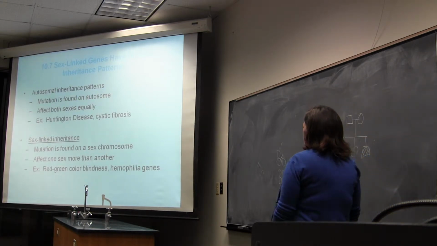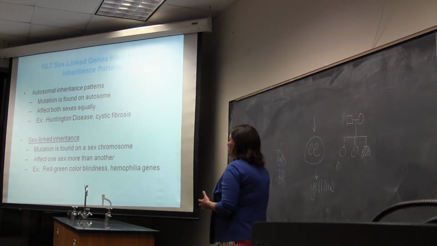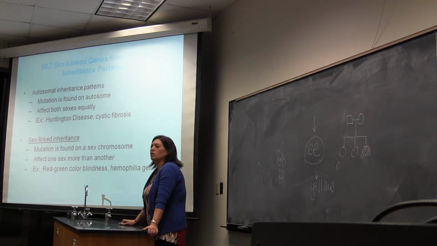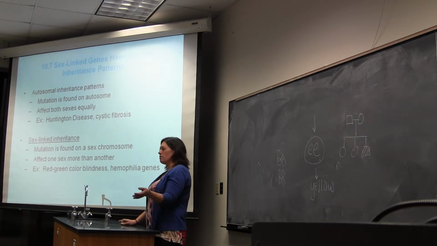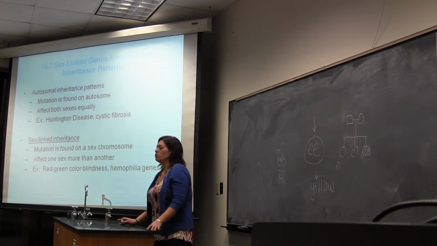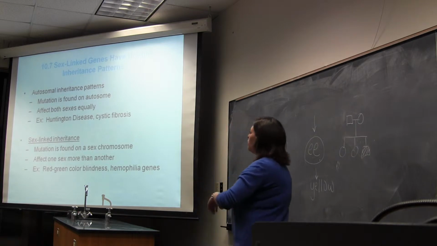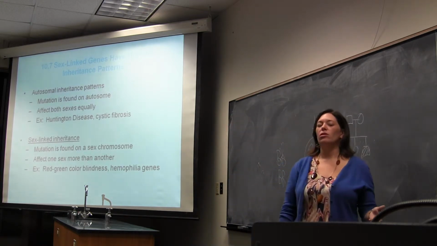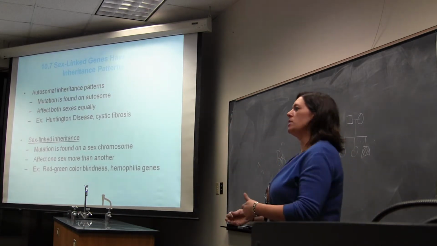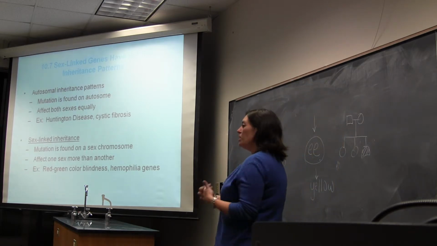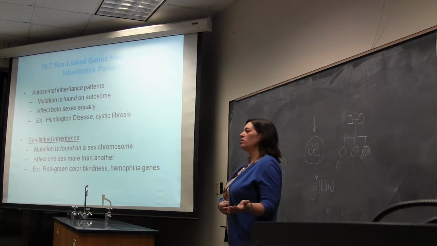There are several different types of inheritance patterns. We've already said that autosomes are everything except for the sex chromosomes, right? So those are 44 out of the 46 chromosomes we have. If you have an autosomal pattern of inheritance, that means the mutation you're looking for is going to be in one of those autosomes.